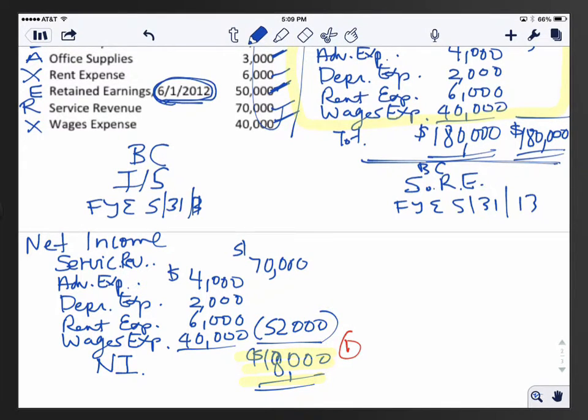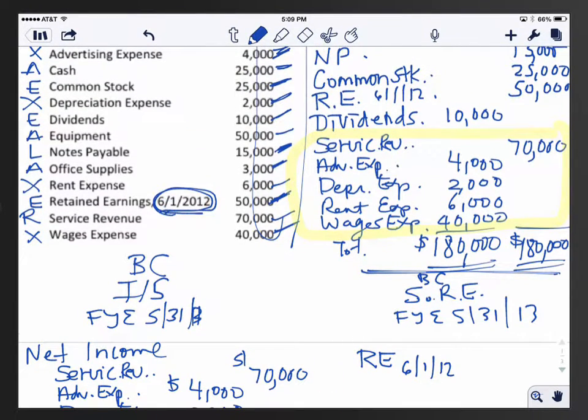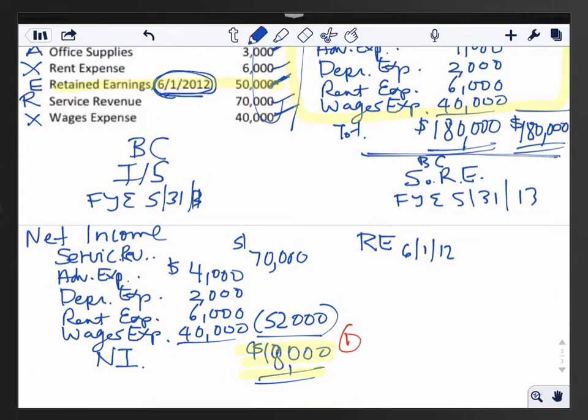We could start with our retained earnings at the beginning of the year. In this case, it was not January 1, it was June 1 of 2012. And we know those. They're given right here on our list. We've already used that number, 50,000.